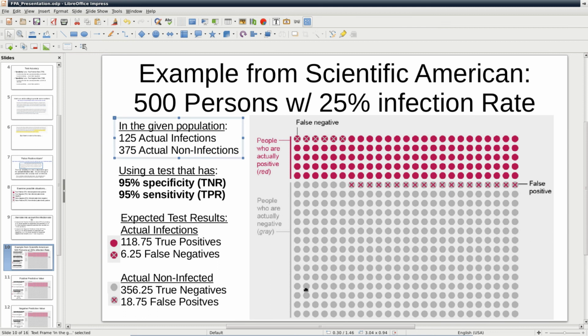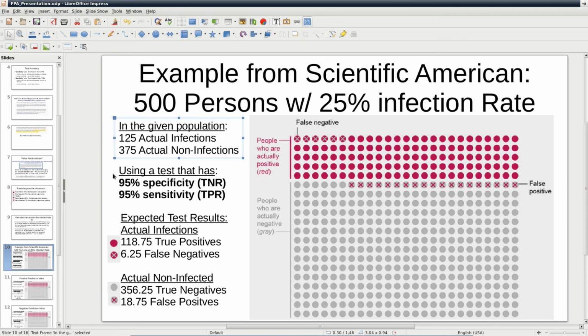This diagram over here shows each dot is a person, and they're color coded. The red ones are the infections, and the gray ones are the non-infections. If you count those up, there's 125 red ones.